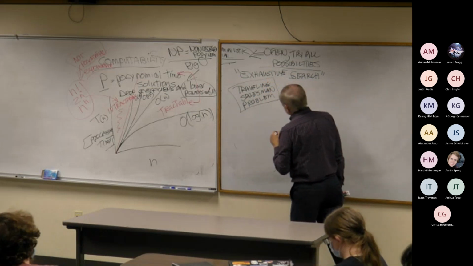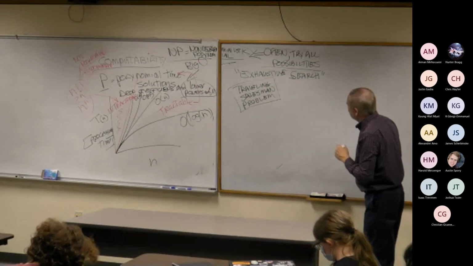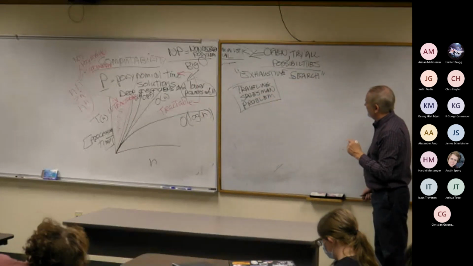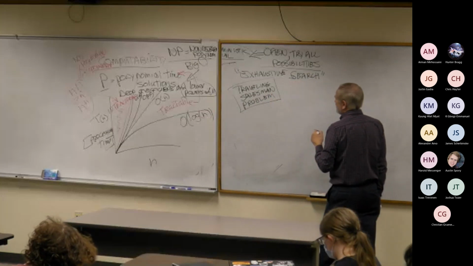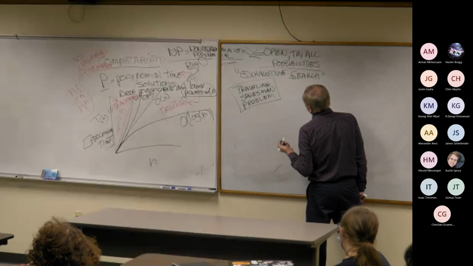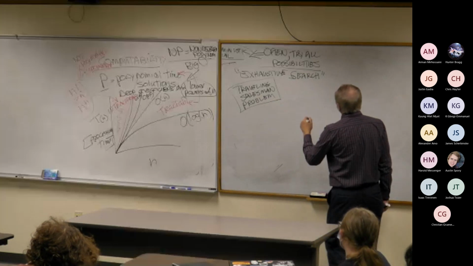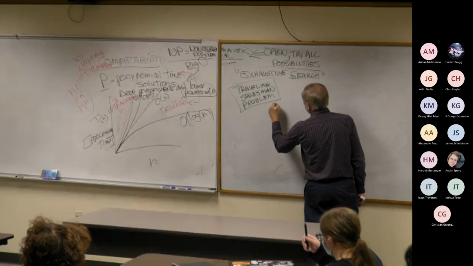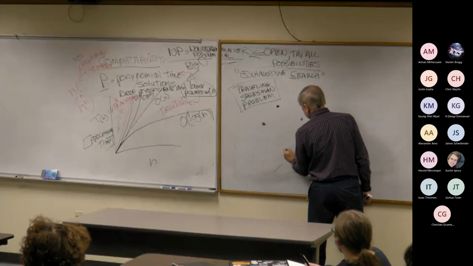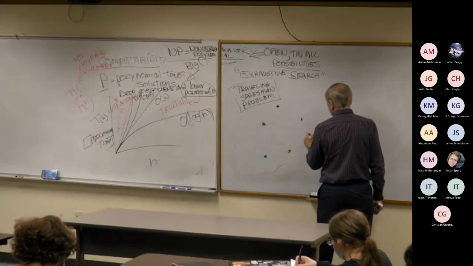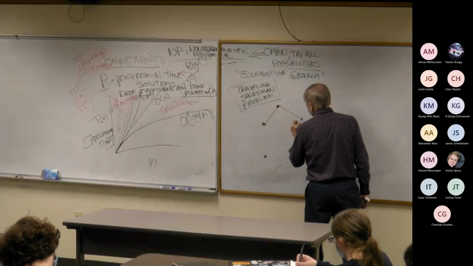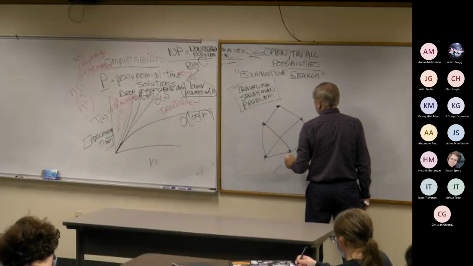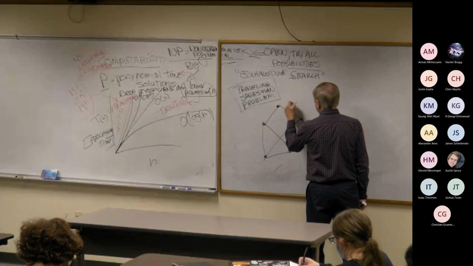Sometimes people update it to the traveling salesperson, maybe saying the old usage, not intending to be exclusive, but that's where they started it. So what is that problem? That problem is you have a graph of cities, and they have routes among them, and they have weightings on that.